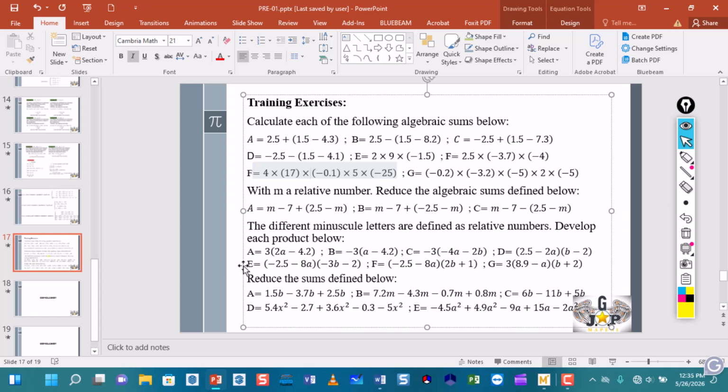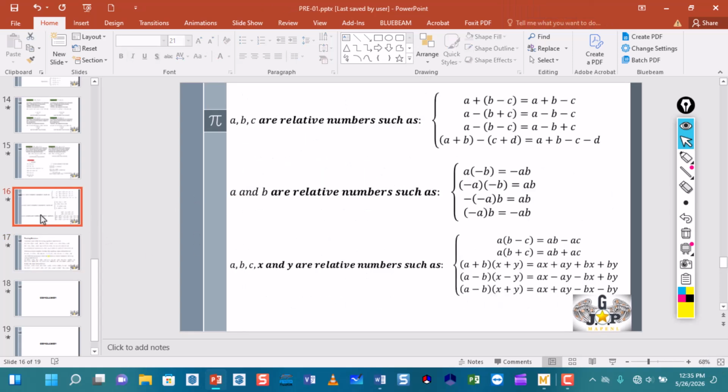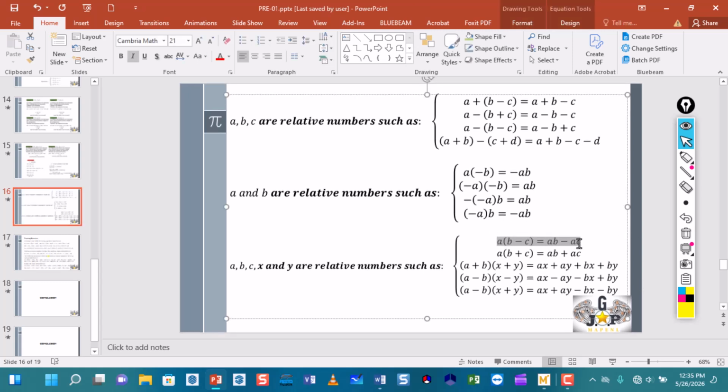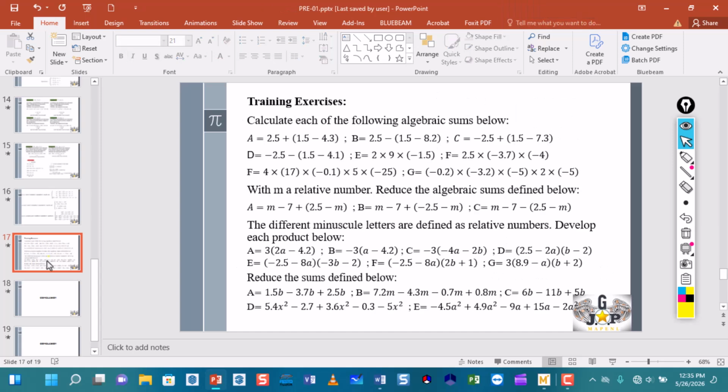So in this case here, we have a equals 3 factor of 2a minus 4.2. So if we go back to the formulas, I think there has to be a formula for that. We are in this first formula, right? That says a factor of b minus c equals a times b minus a times c. So the a multiplies each and every term of the expression in the bracket, right? Let's go back.